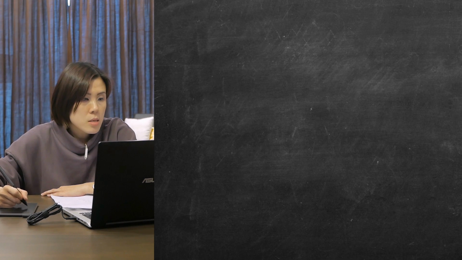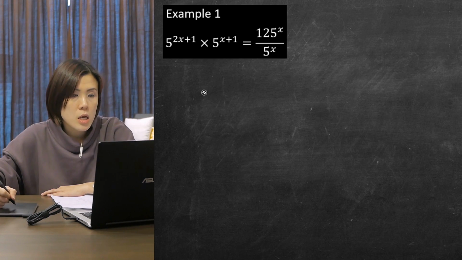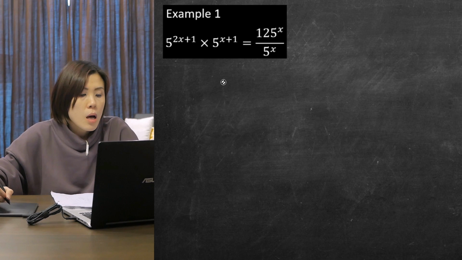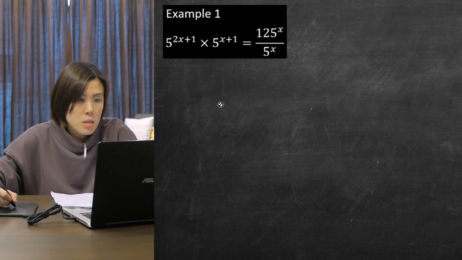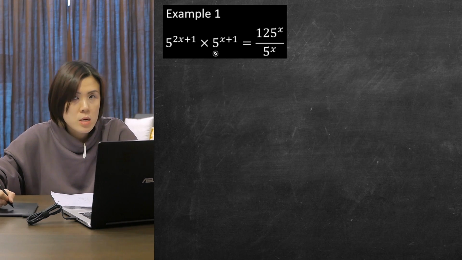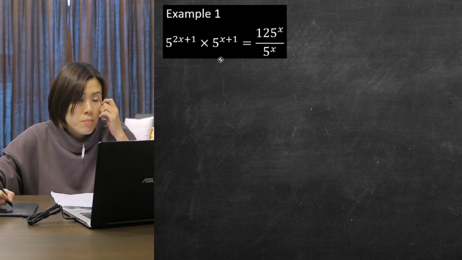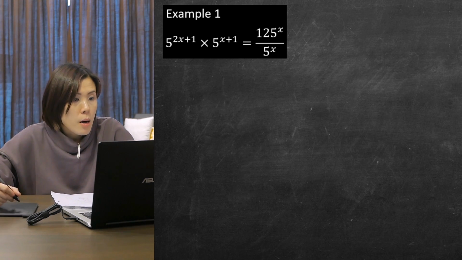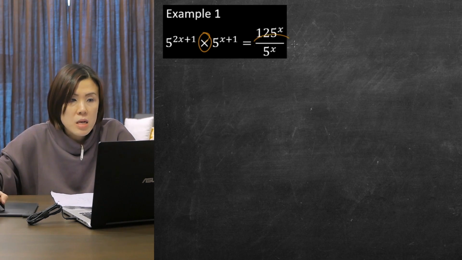Next, I'm going to show you the first equation in example 1. As we can see in this equation, the operations between the indices are multiplications and divisions.